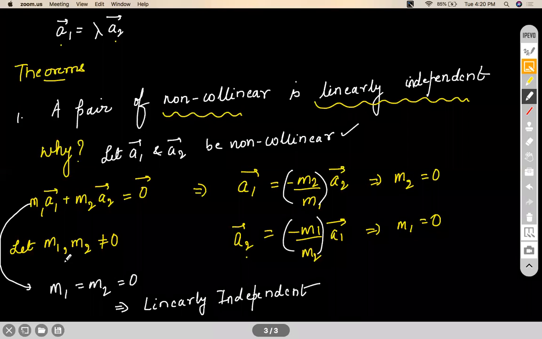Okay. So this is theorem number 1, which is associated with linearly independent and linearly dependent concepts. A pair of non-collinear vectors is always linearly independent.